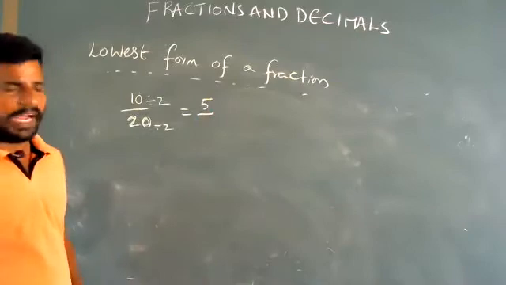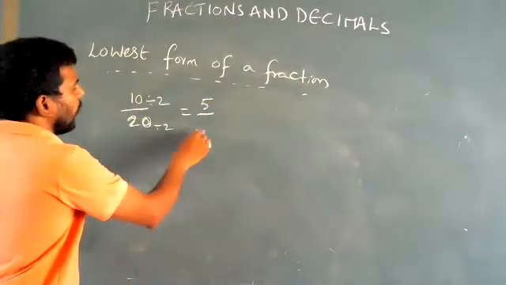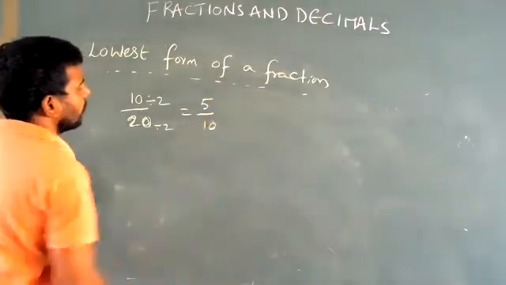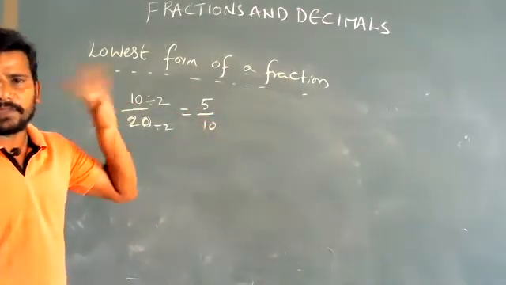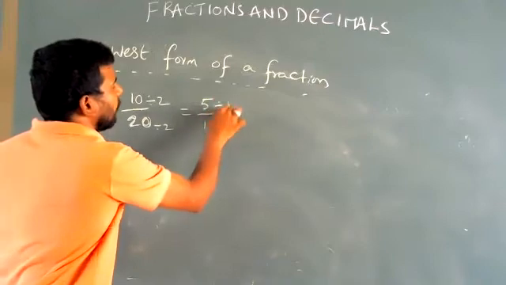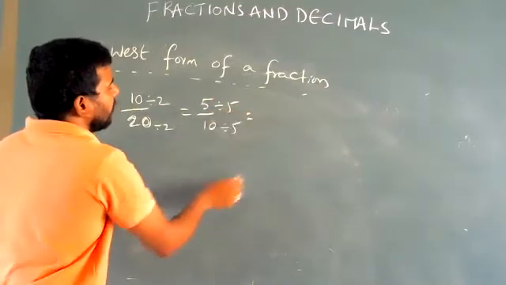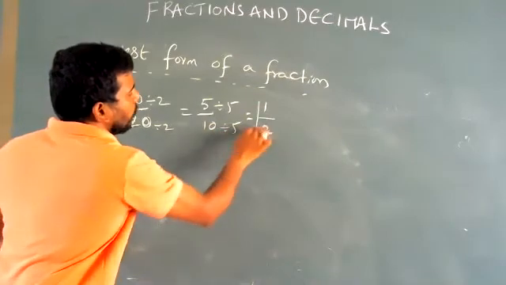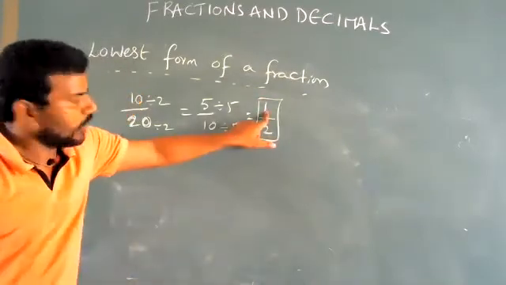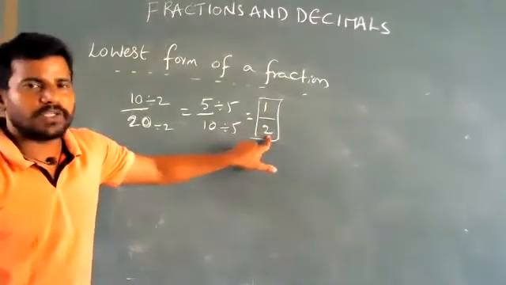We get 5. 20 divided by 2, how much? We get 10. Now 5 and 10, these numbers both are multiples of 5. Now divide by 5, divide by 5. We get 5 divided by 5, 1. 10 divided by 5, 2. So 1 by 2. Here the numerator is 1, the denominator is 2.